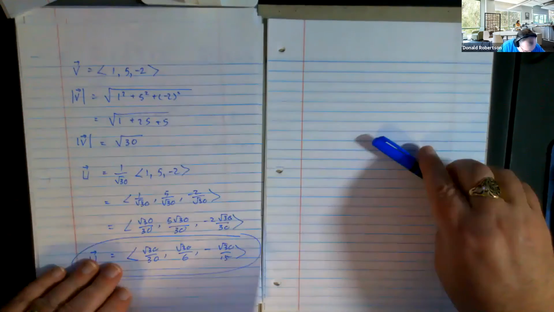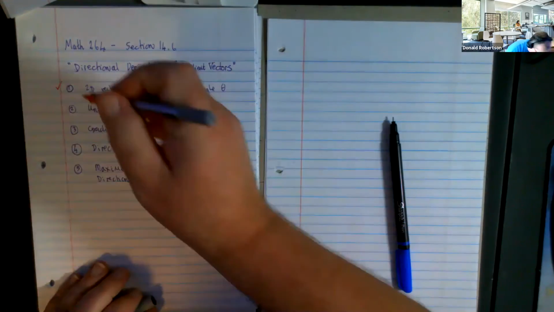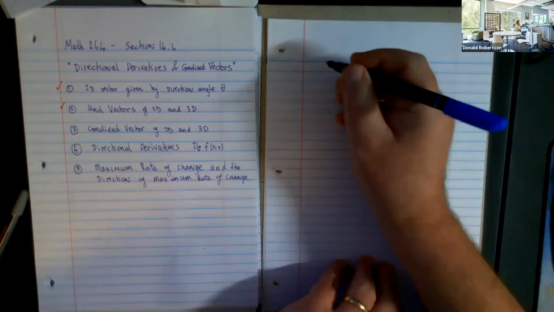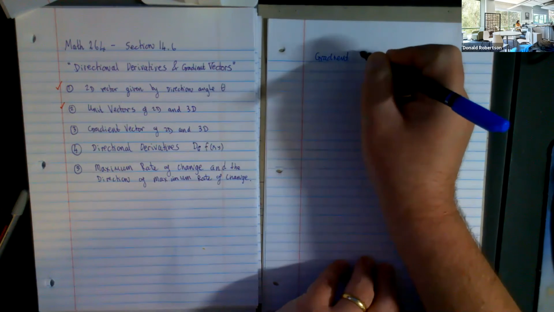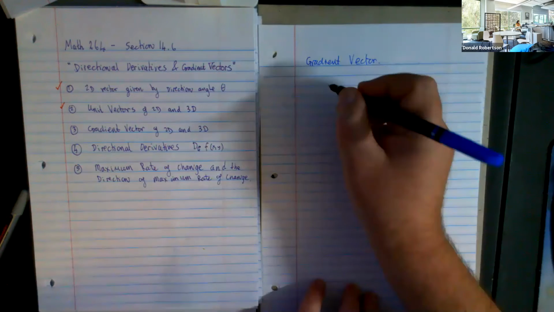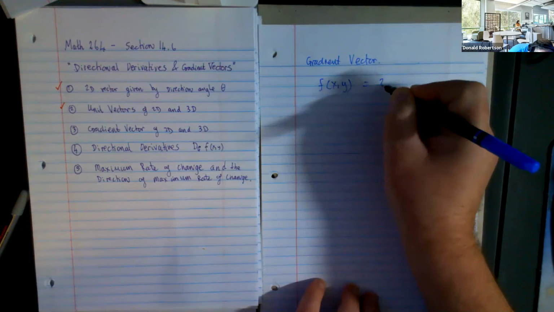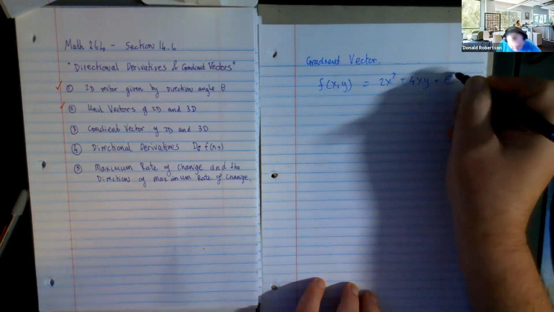So let's move on now and look at my next thing on my list. And it's a thing called the gradient vector. So imagine that you've got a two-dimensional function, 2x squared plus 4xy plus e to the xy, right?